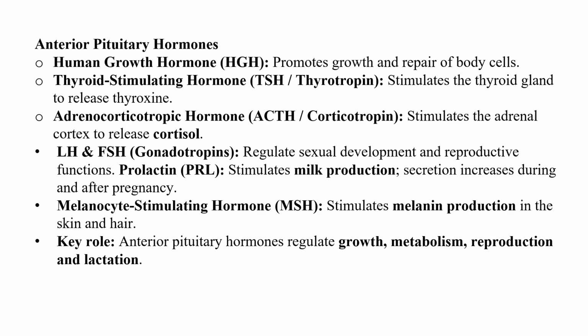The presentation also includes melanocyte stimulating hormone, also known as MSH, which stimulates melanin production in the skin and hair. Therefore, the anterior pituitary has a broad range of functions. Its hormones regulate growth, metabolism, reproduction, and lactation. This is why the pituitary gland is often considered as an important regulatory gland of the endocrine system.